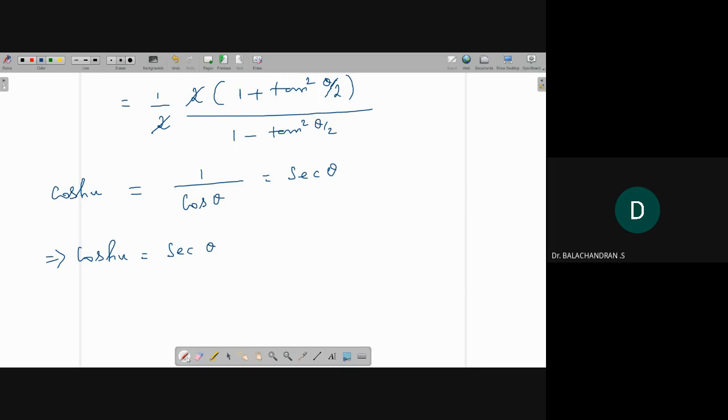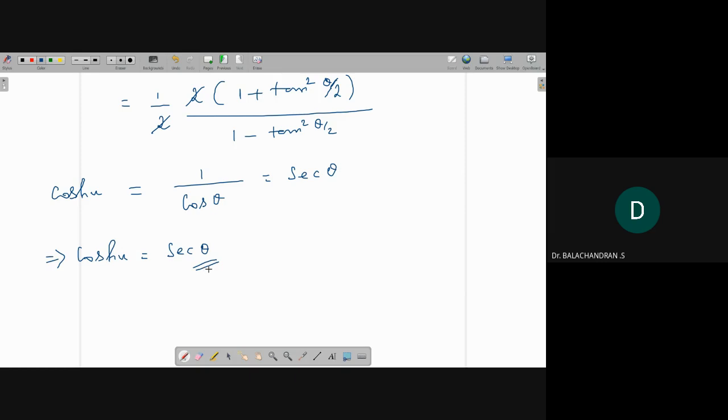You have so many formulas, and you should use them in the correct place. That also you should know. Cosh u equal to secant theta.